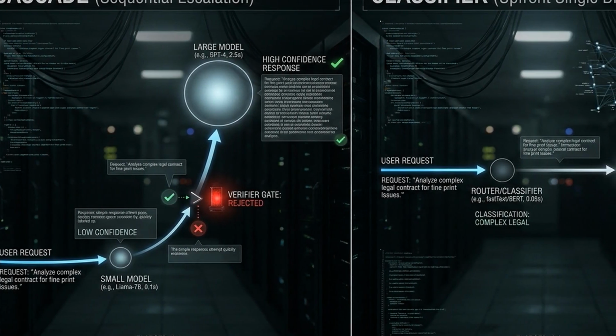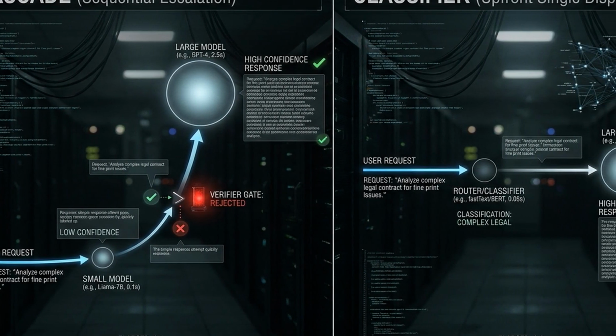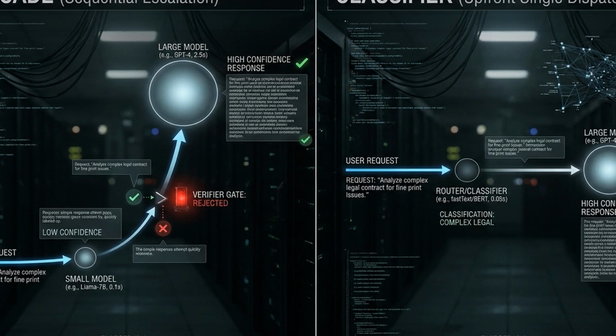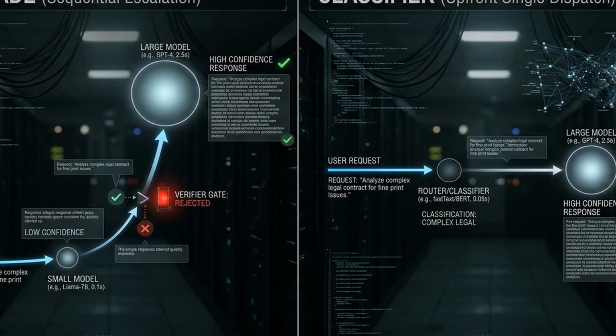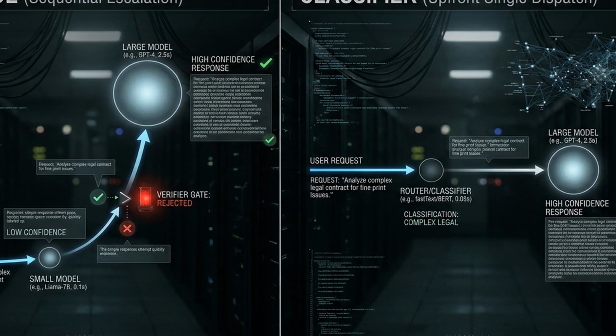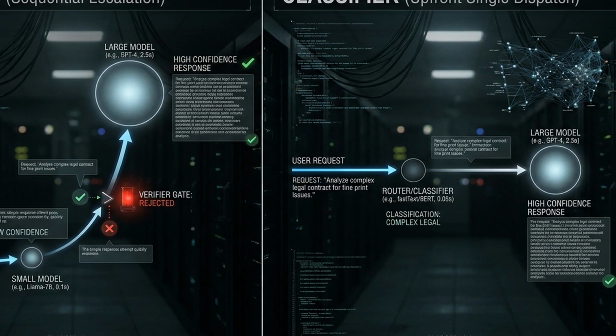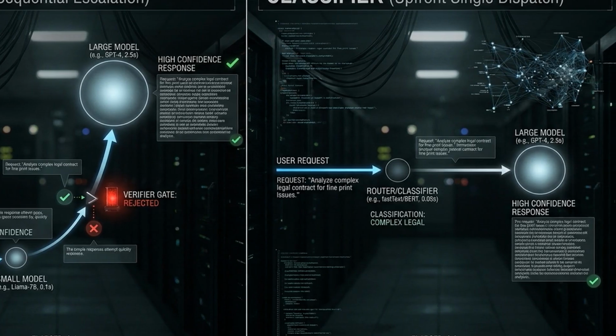Those figures are the authors' own, on their own benchmarks, not a general guarantee. Earlier, in 2023, Lingjiao Chen, Matei Zaharia, and James Zou published FrugalGPT, describing an LLM cascade. Try the cheap model first, escalate only when a scoring function judges the answer inadequate. The reported savings were substantial in specific settings. Those 2 papers describe the 2 dominant routing patterns, and the distinction matters if you are building.